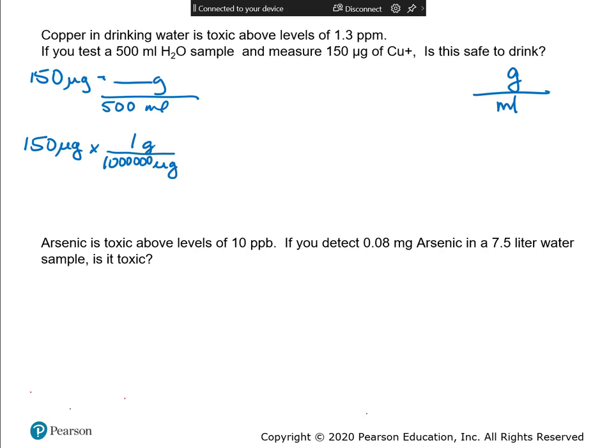So this is going to put the amount of my copper ions in grams. 150 divided by 1,000,000, decimal place goes to the left 6 places. So I get 0.00015. If you need a second to put that in your calculator.